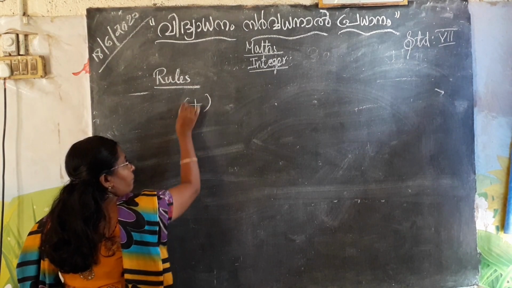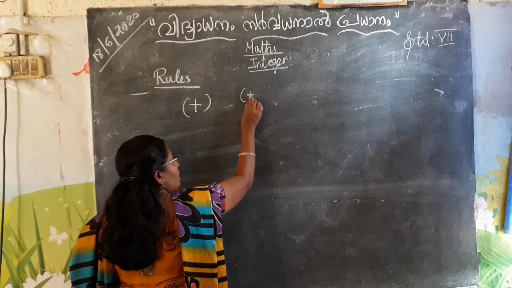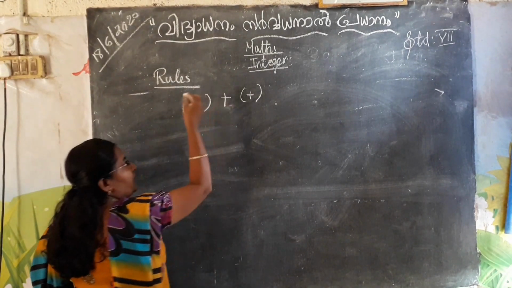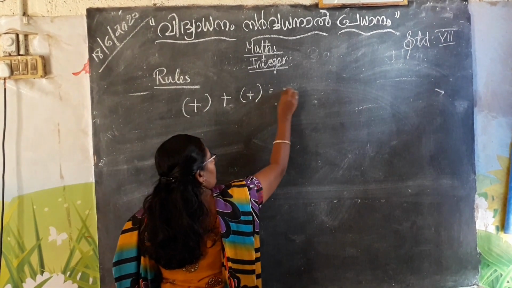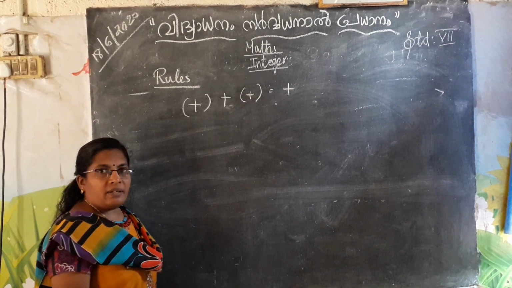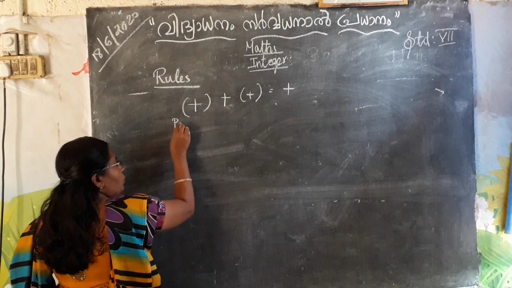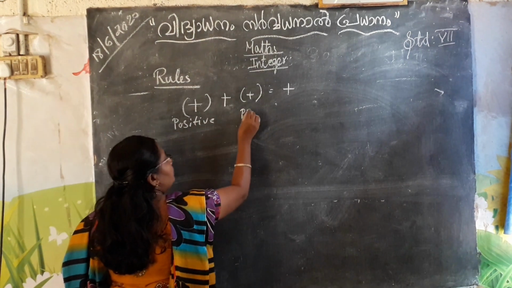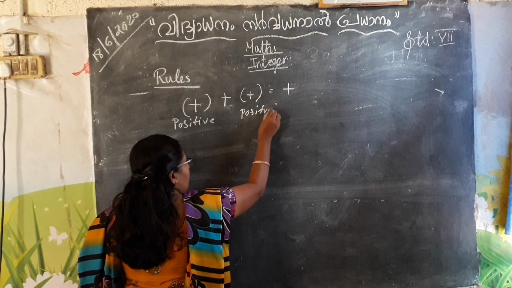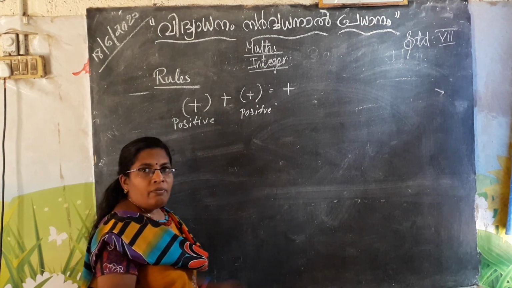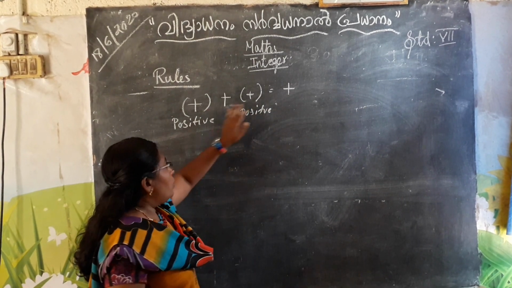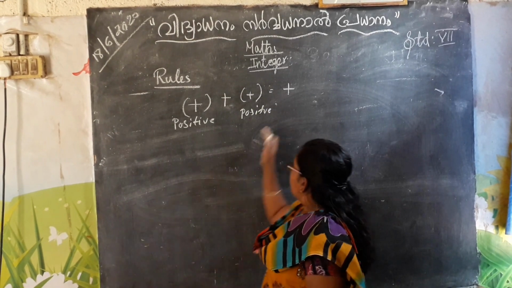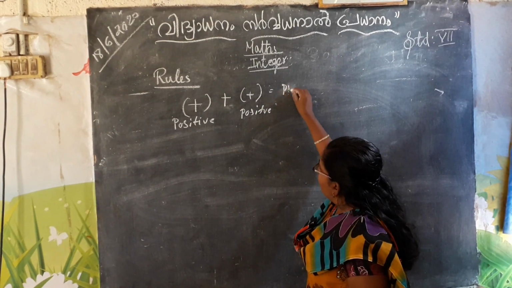When we add two positive integers, we will get a positive answer. That is, we should write the positive sign and add the numbers.